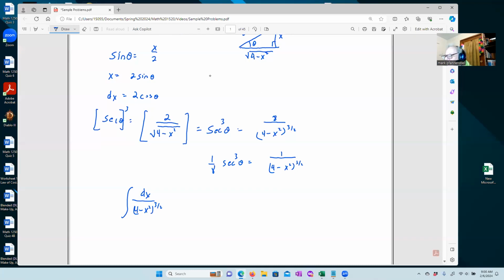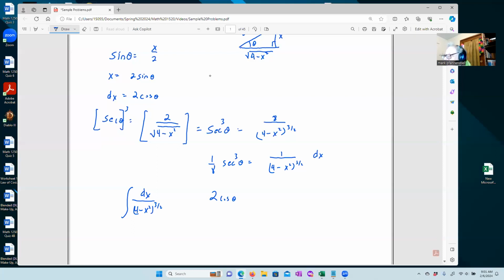Now, I was thinking this brick by brick. We're just going to substitute each of these pieces with the pieces that I already have. For my dx, we're going to say dx is going to be 2 cosine theta. Then I've got a 1 over 4 minus x squared to the 3/2 on the bottom, times dx here.